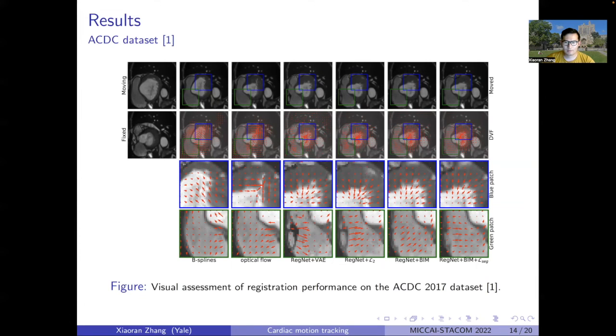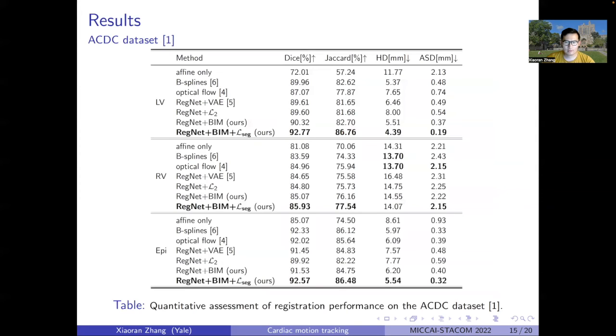Our proposed methods in the last two columns show improved motion compared to RegNet plus L2, with smoother and more biomechanically plausible motion.